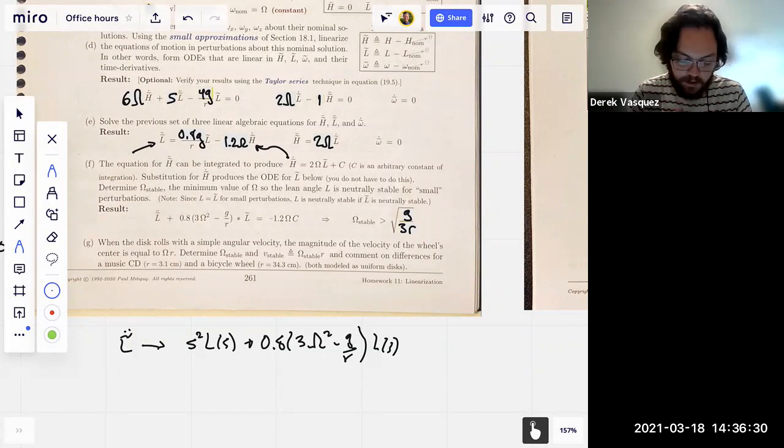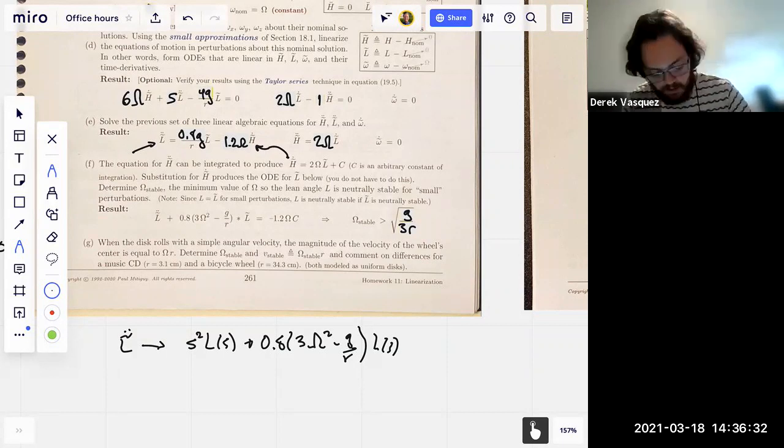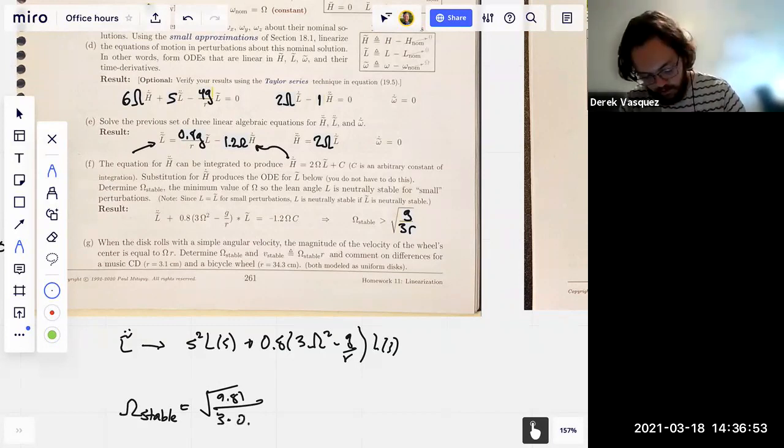So we're just going to plug in our omega stable equal to square root of g, which is 9.81, over, if r is 3.31 centimeters, that's 0.031 meters.